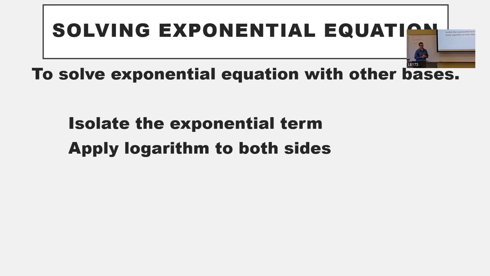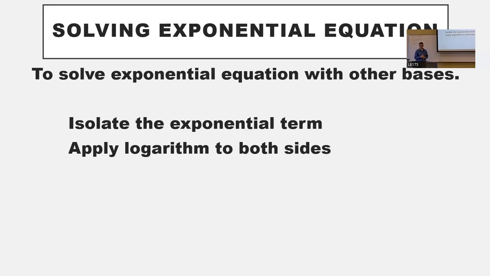By applying a logarithm to both sides, we've seen the rule that says log base b of b to the x power would just give me x. So that takes the variable that was in the exponent and puts it down in front.